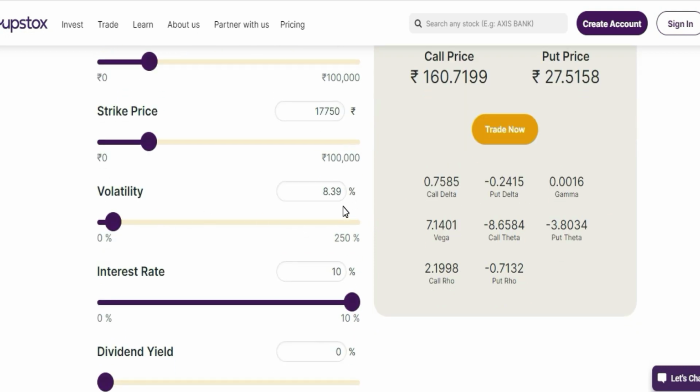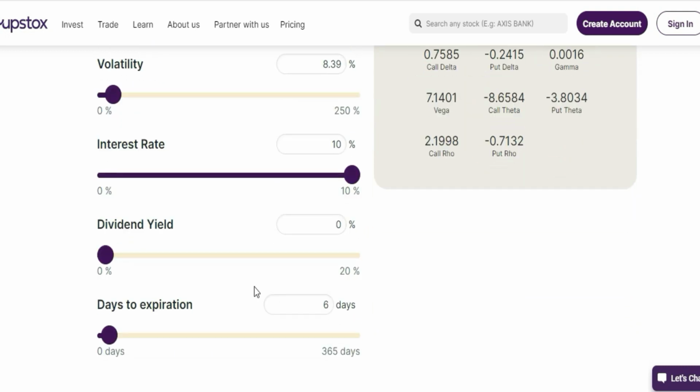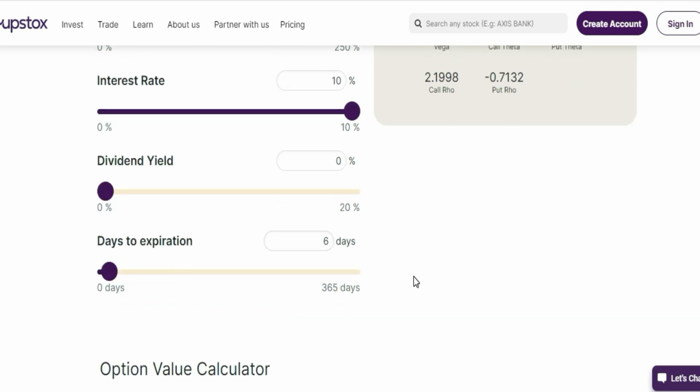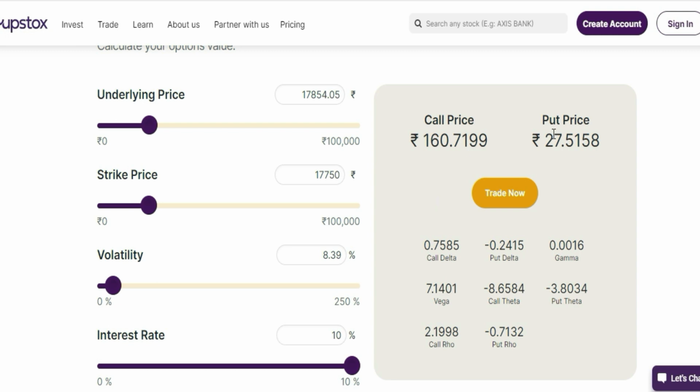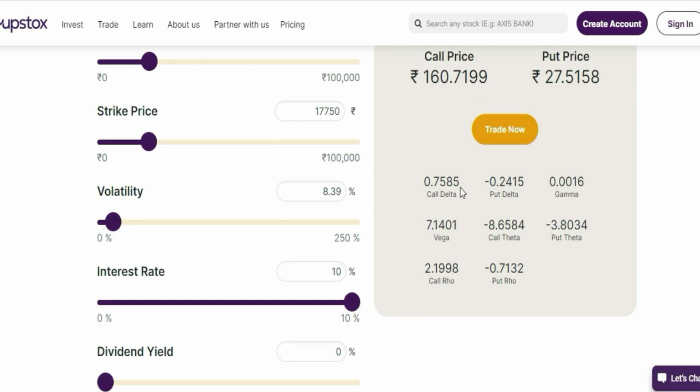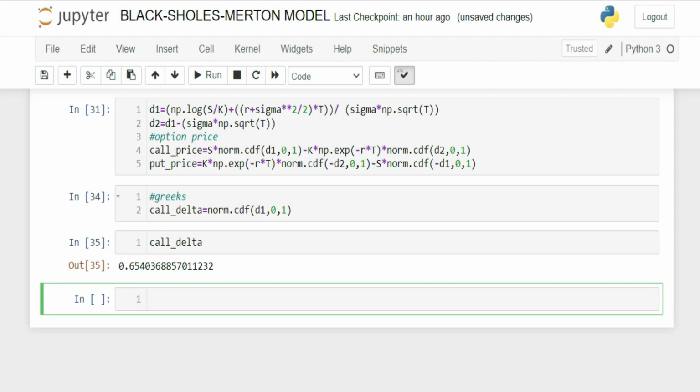Volatility is 8.39, interest rate is 10%, there is no dividend yield here, and expiry is 6. If you see, the call price here is matching. This is the call delta, 0.7585.